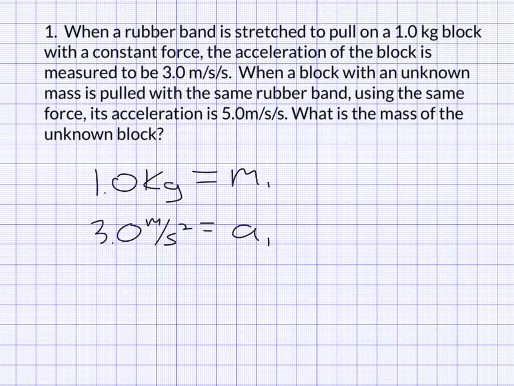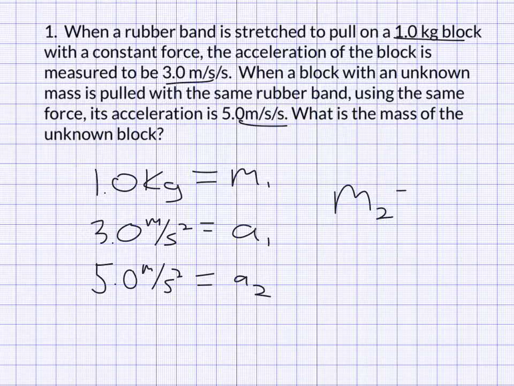And when we do that on block 2, whose mass we don't know, we get acceleration 2, I guess, of 5.0 meters per second squared. And that would be the acceleration of block 2. I think those are the only givens we have that we can use. And they say, what is mass 2? So our unknown over here, mass 2, what is that?